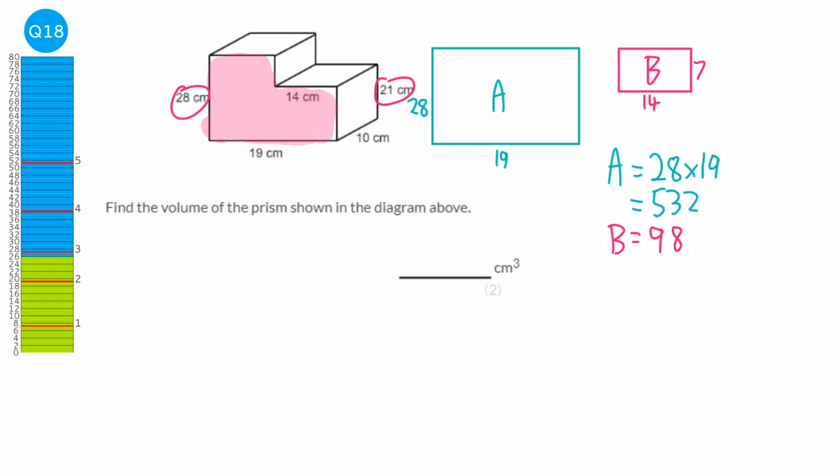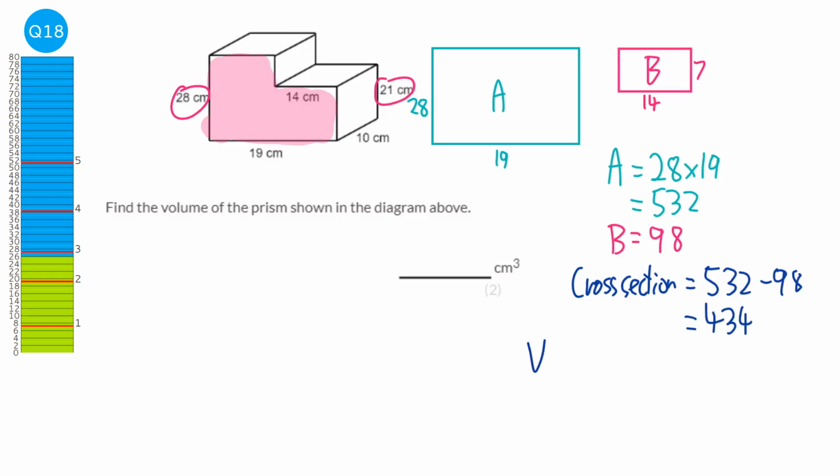And then to work out the area of the cross-section, we're going to do the big rectangle, take away the small one, take away the bit we have missing, and that will leave 434.